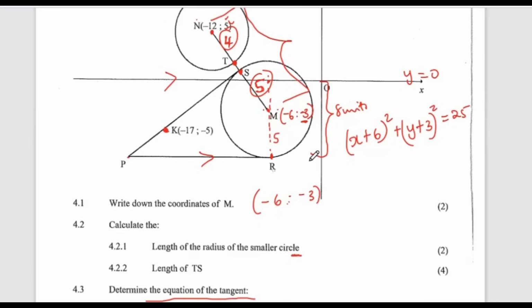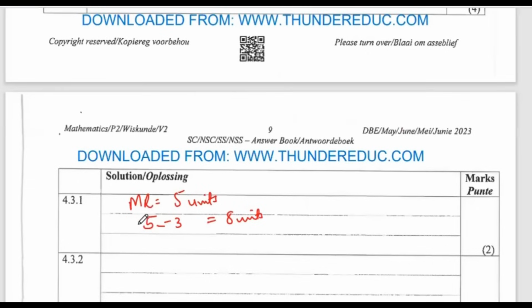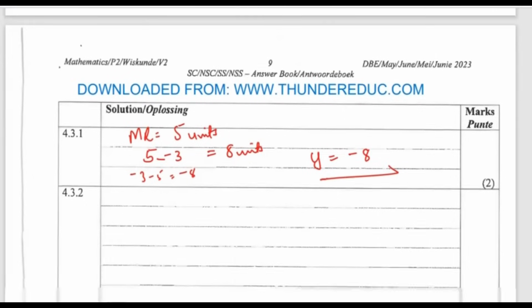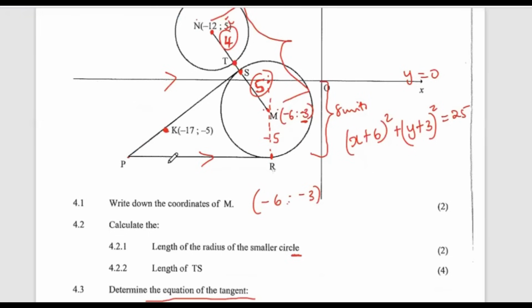They are down. So it's like negative 3 minus 5 must give me negative 8. So y becomes negative 8. That is the equation of that tangent.